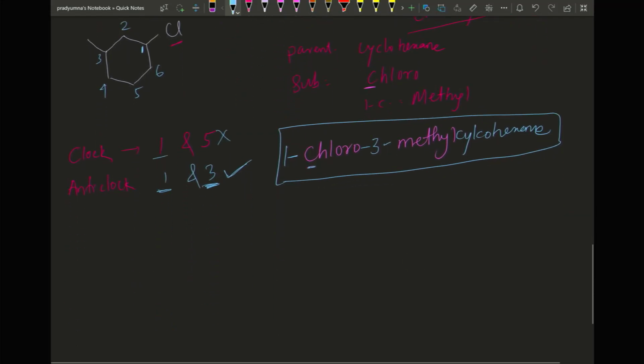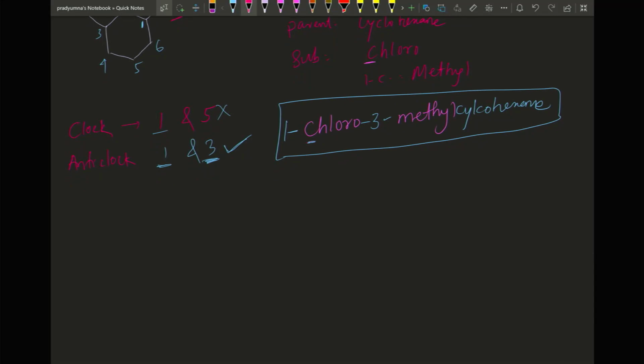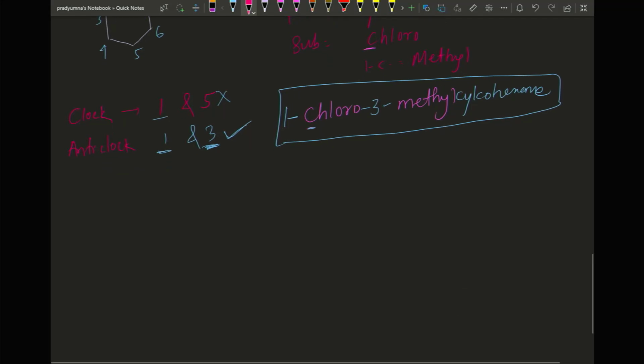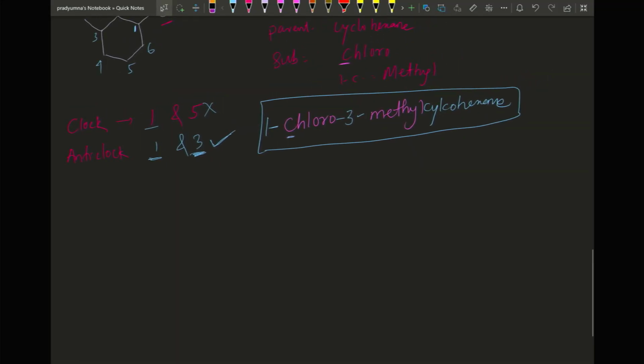Okay, maybe I'll do one last example. How are we going to go from name to structure? So let's say we do another one. We do 1-bromo, 2-ethyl, cyclopentane.